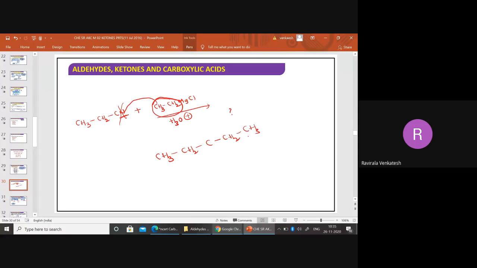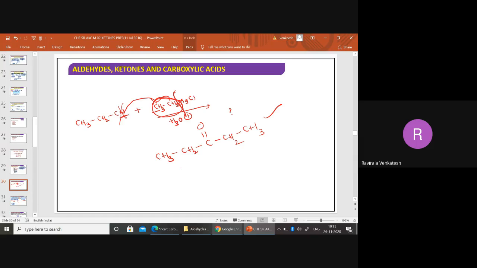Don't write CH3, CH2 connected directly, because many students write like this. You have to break here, not there, and connect the part that was joined with magnesium. So we get CH2, CH, and now put the double bond over here. You got the product. This is a shortcut only.